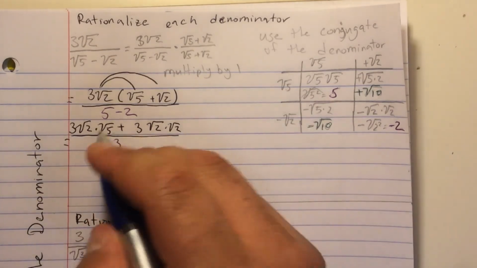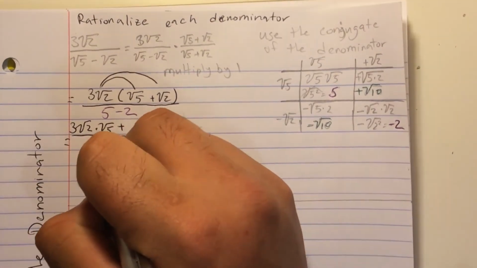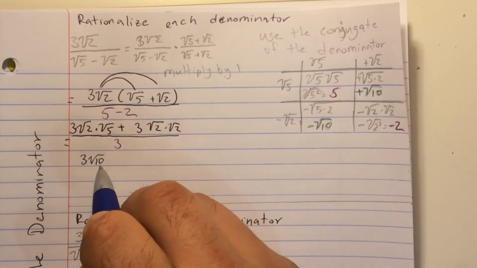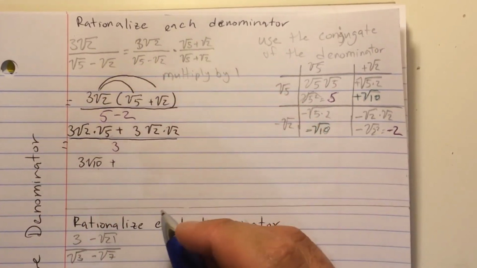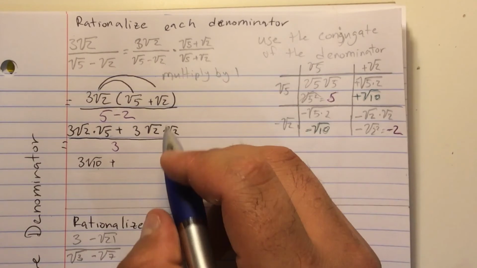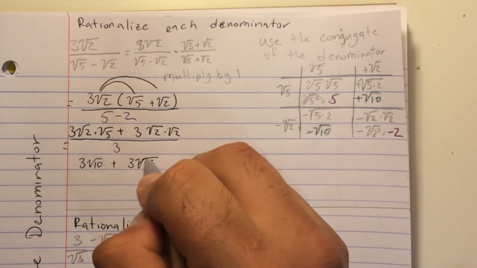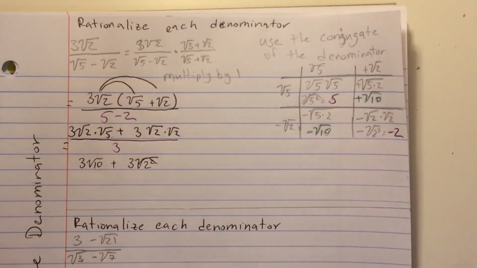This is actually going to be 3 radical 10, because radical 2 times radical 5 is 2 times 5, which is 10, plus 3 radical 2 squared, which ends up being 2, over 3.